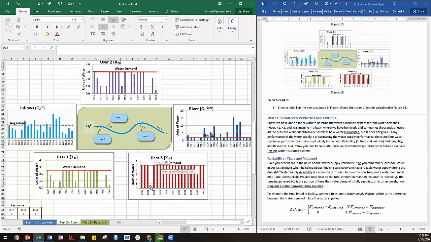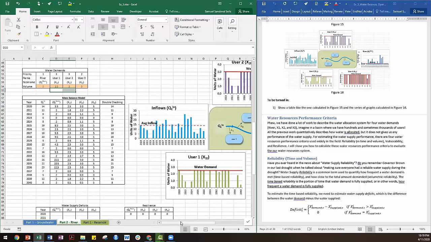Similarly, user 3 only had a water supply deficit 2 times, so water was not delivered in its full amount in these 2 years, 2023 and 2038. You can see that users 2 and 3 follow exactly the same pattern, and this is because their water is allocated proportionally. But you can see that they have a lot of water shortages throughout the time.